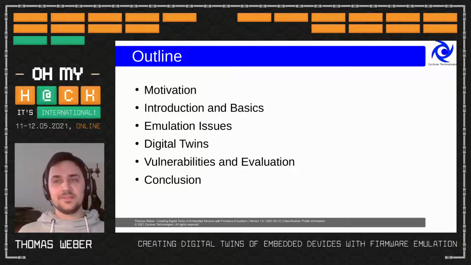Of course, vulnerabilities and the whole evaluation, and a short conclusion. What were the main findings of the whole research? What can we see if we conclude those firmware emulation things?